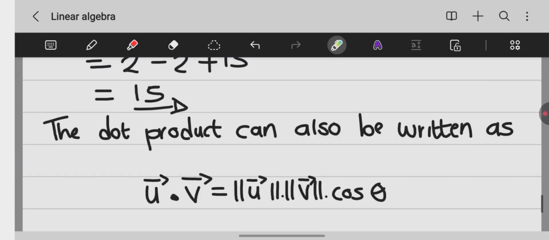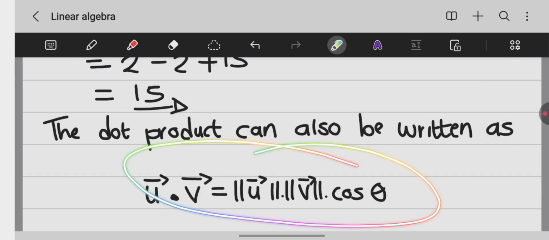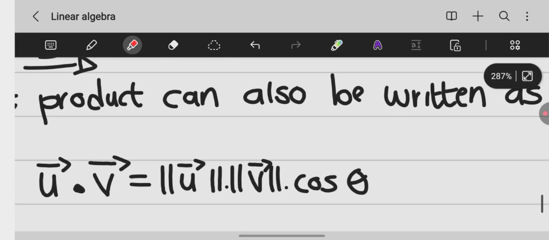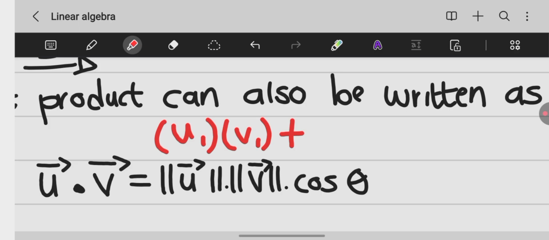Dot product can also be written as this. So this is another formula for dot product. Obviously, because we only just learned this one, so maybe u1, v1, I'm just gonna do the R2, and u2, v2, sorry.